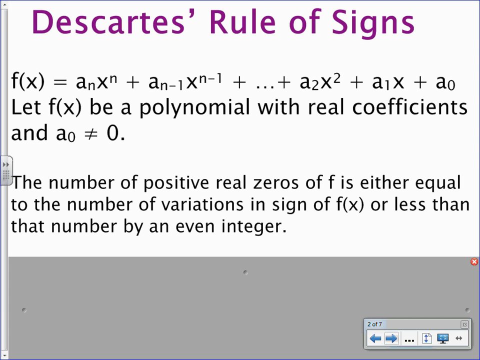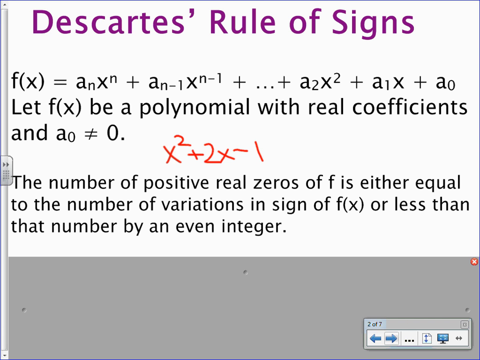So if we look at f of x and we look at the number of variations in sign, that means adding versus subtracting. So x squared plus 2x minus 1. There is one change in sign. We go positive, positive, negative.